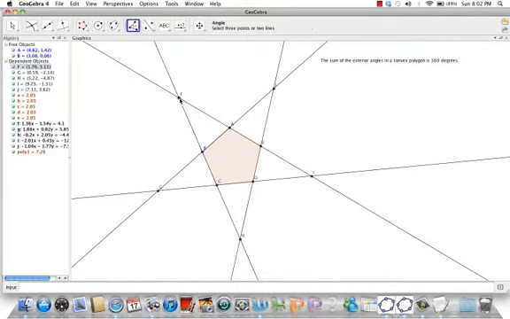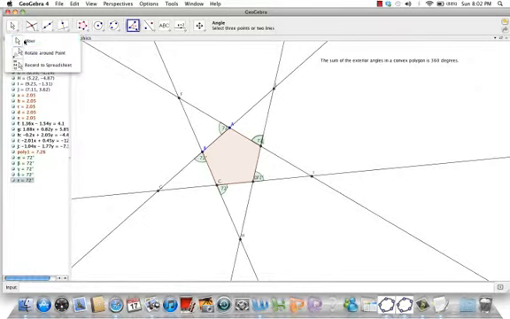So we start with, say, F, A, B. That's one exterior angle. And then you have G, B, C. That's the other angle. Then you have H, C, D. And then you have I, D, and E. And then finally you have I, E, A. Alright. So this is one set of exterior angles.